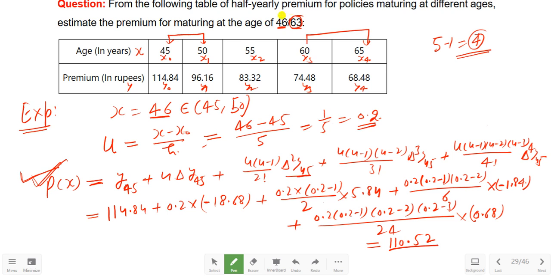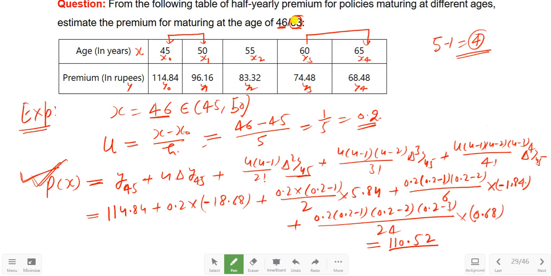So the value of x equal to 63 lies between the last two values, 60 and 65. In that case, we apply Newton's backward difference interpolation formula.